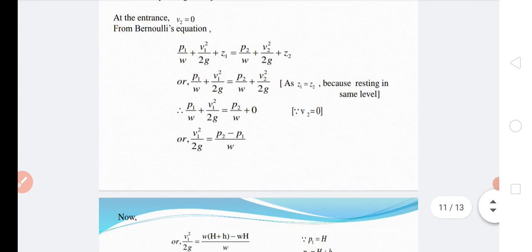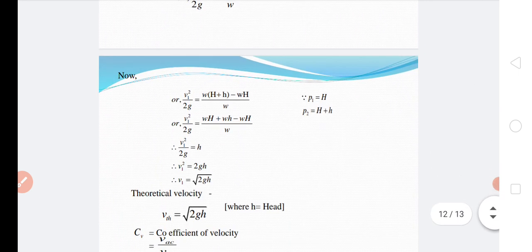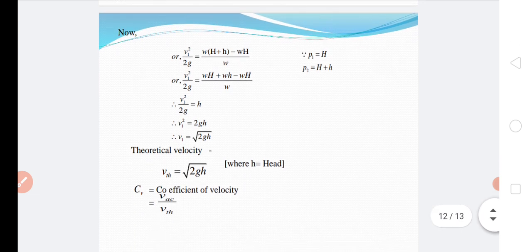That means V1 square by 2G equals W into (capital H plus small h), that is P2, minus W into capital H, that is W into P1 by W. So V1 square by 2G equals (WH plus Wh minus WH) by W. So V1 square by 2G equals h.